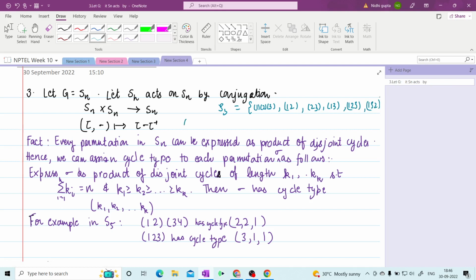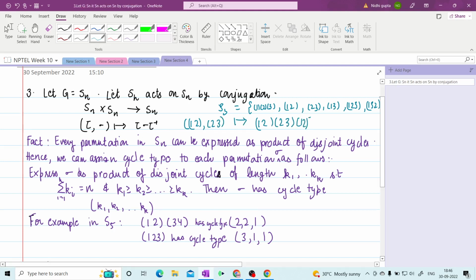So under this, (1 2) acting on (2 3) is going to (1 2)(2 3)(1 2) inverse, which is (1 2)(2 3)(1 2). So this is the group action.